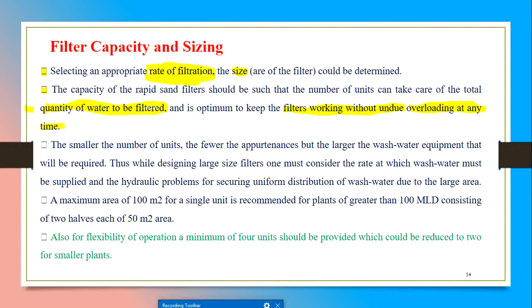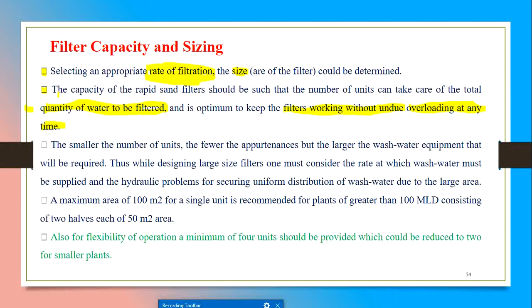This is very important. We have to keep in mind that the capacity of our rapid sand filter should be such that the number of units can take care of overloading at any time. That has to be taken care of by keeping a number of units for the load coming to the treatment plant.